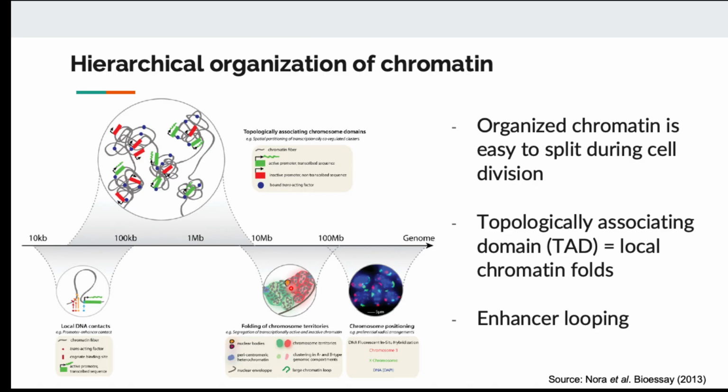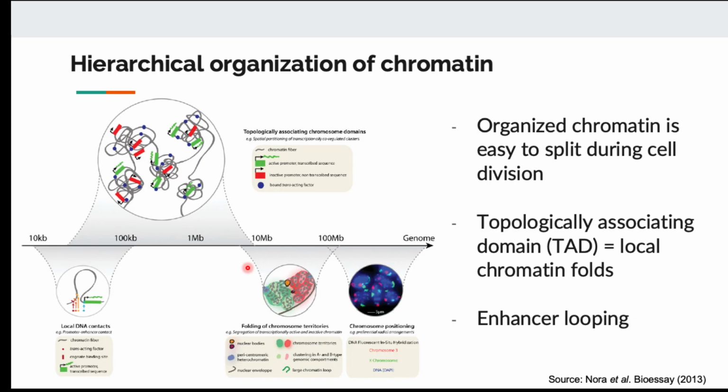The time scale that you need to untie them is actually longer than the time scale of cell division. So with basic principles from physics, they can argue that in biology, if there are no other forces that organize the DNA, there's no way that we can have a proper cell division. Everything will be tied up together.